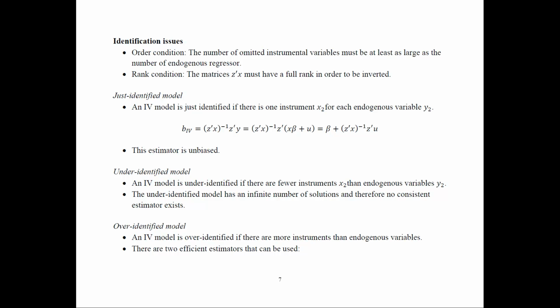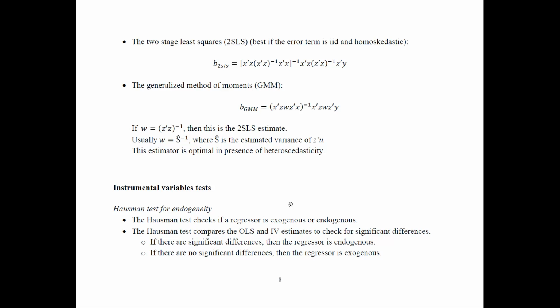For the over-identified model, we have an IV model where we have more instruments than endogenous variables, and that's a good case. We could use two efficient estimators with these models if we have more instruments than endogenous variables. The two-stage least squares estimator would be best if the error term is IID and homoscedastic.